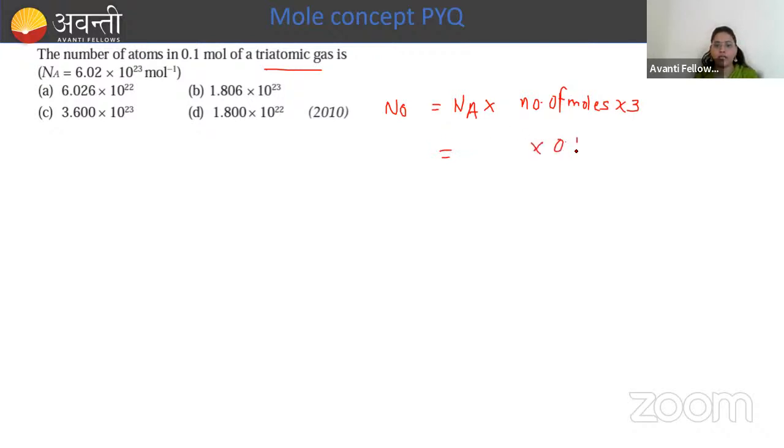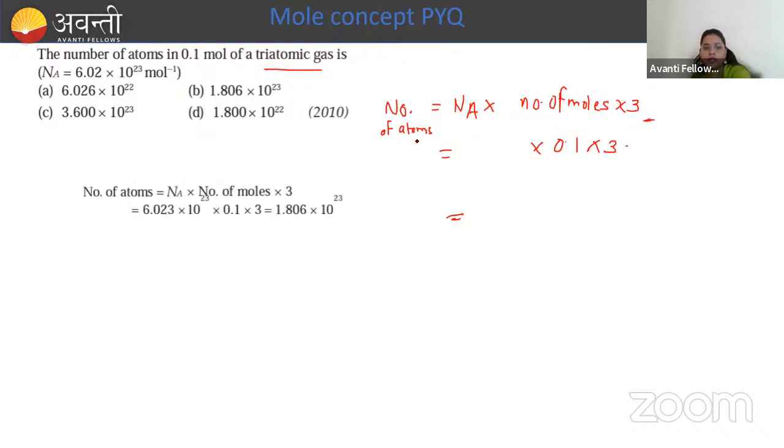Number of moles given is 0.1, and multiply it by 3. You will get the number of atoms present in the given compound. So if a gas is given, whether it is monoatomic, diatomic or triatomic, it is the atomicity that is used to calculate the number of atoms. So here our answer will be what? A, B, C, D.